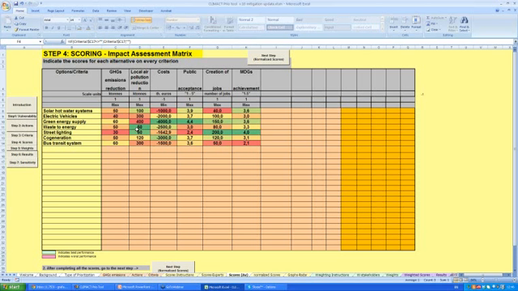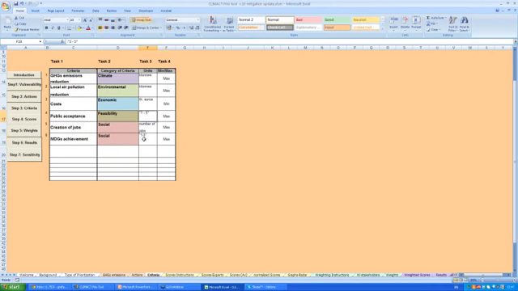Will it be high impact, very high, moderate, low, or very low? So we could translate that to a scale 1 to 5. 5 is very high impact, 1 very low impact, and this could be established at the unit selection step.